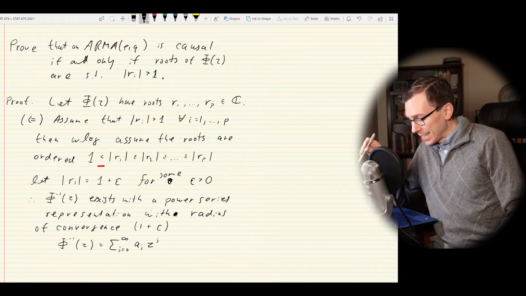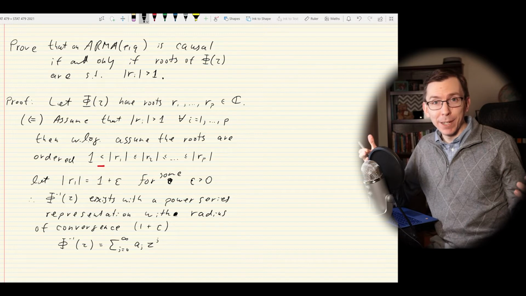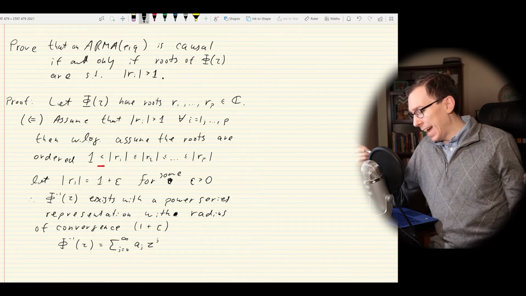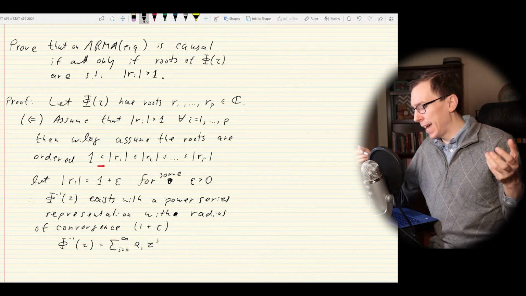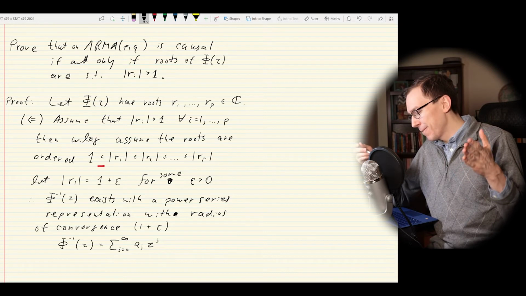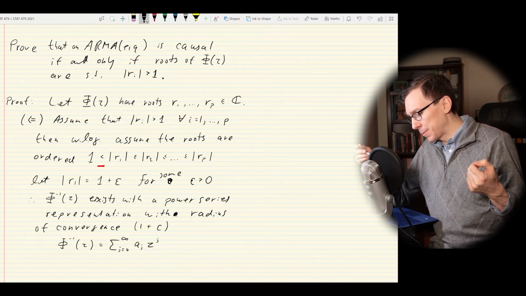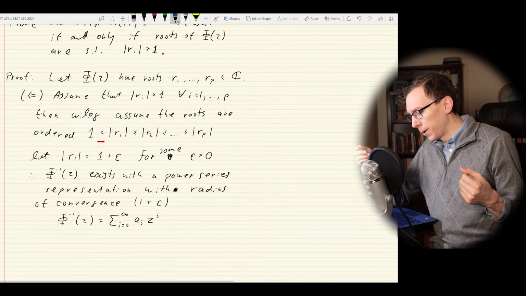So what it means is that I can write the inverse. Remember, phi is just a complex polynomial. And if I know that the smallest root in magnitude is going to have magnitude 1 plus epsilon, then I can write this inverse in terms of a power series, and the radius of convergence is going to be 1 plus epsilon.